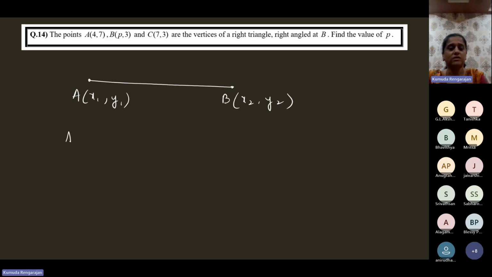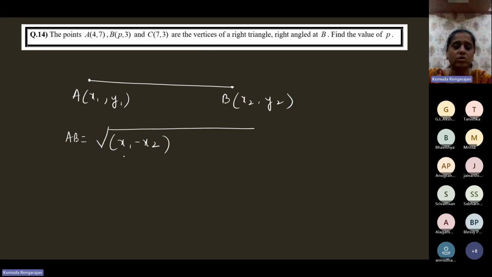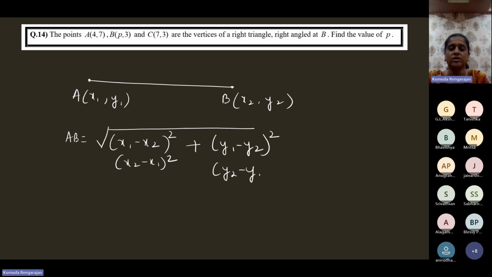So distance formula is given by square root of difference between the x coordinates, so you can write x1 minus x2, or x2 minus x1, the whole squared, plus the difference between the y coordinates, y1 minus y2, or y2 minus y1, anything you can write, whole squared.